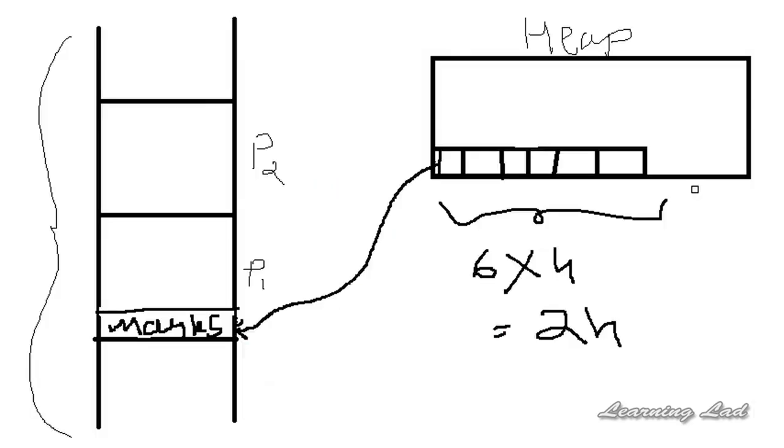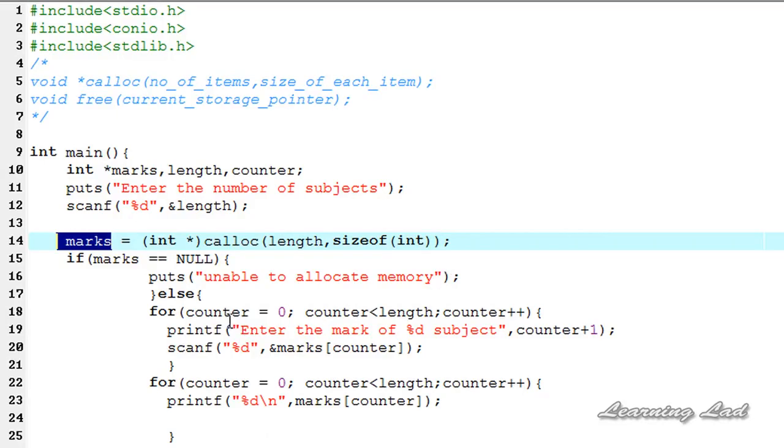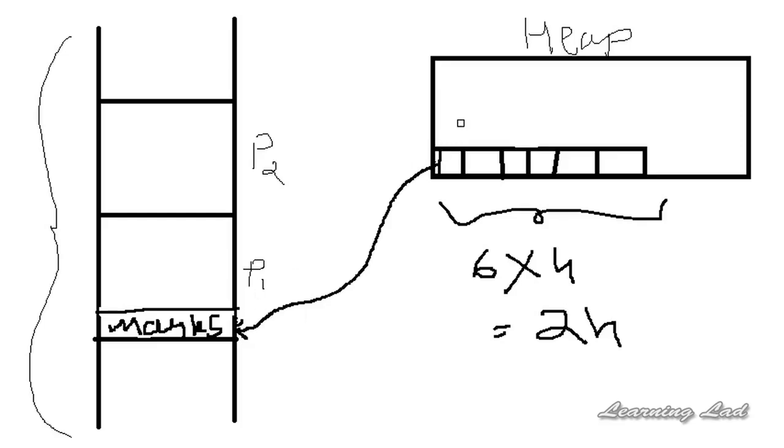When we assign the values to these locations, as we did here by asking the user to enter the values, they will be stored here. So 35 will be stored here, 45 will be here, and similarly 55, 65, 75 and 85 will be stored at the end.